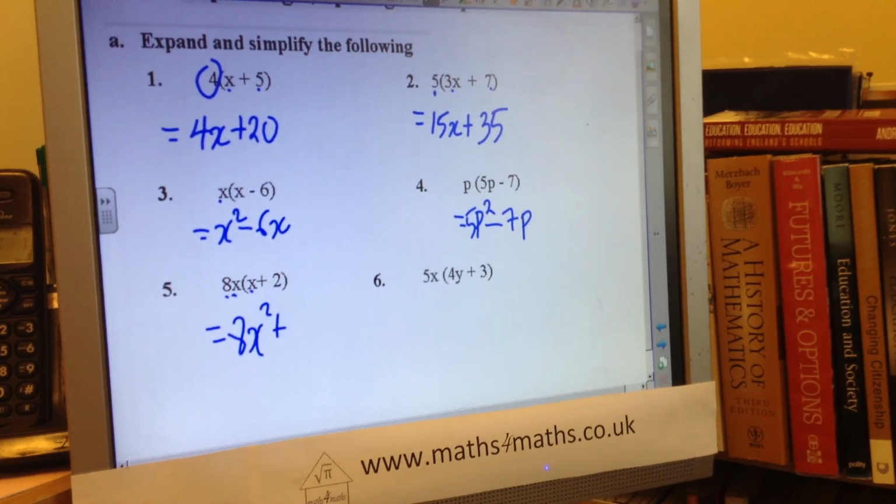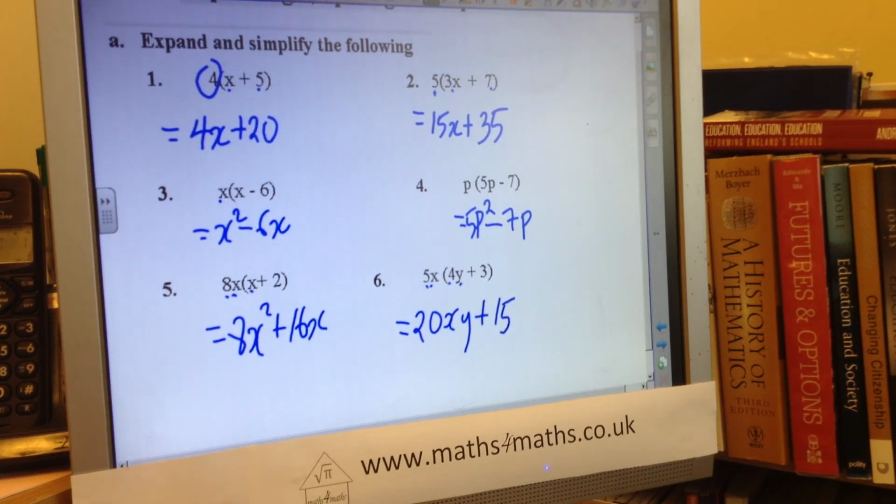Add 8x times 2 will give us 16x. Over here, 5x times 4y will give us, the numbers will multiply to give 20, and this will be xy. 5x times 3 will give us 15x.